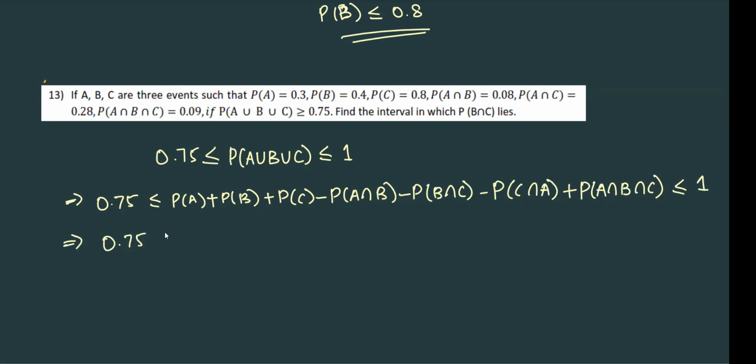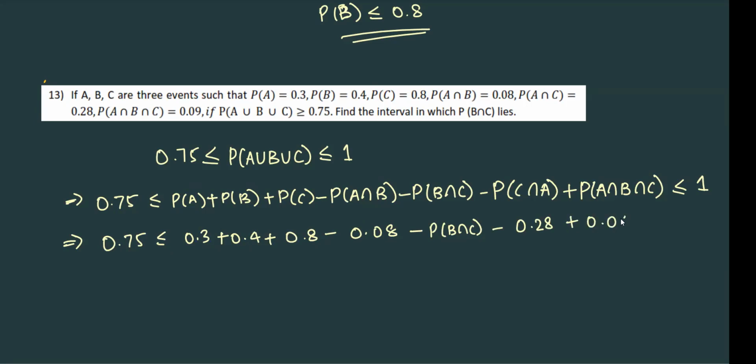So now you keep adding values, 0.3 plus 0.4 plus 0.8 minus A intersection B is 0.08. A intersection C, this we have to find B intersection C. C intersection A is 0.28 plus 0.09.